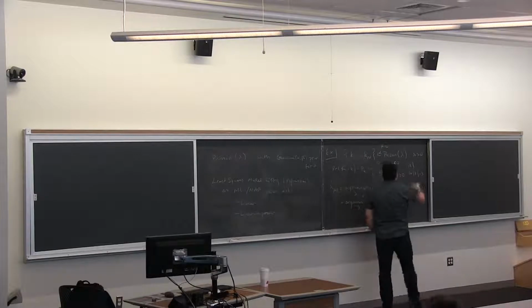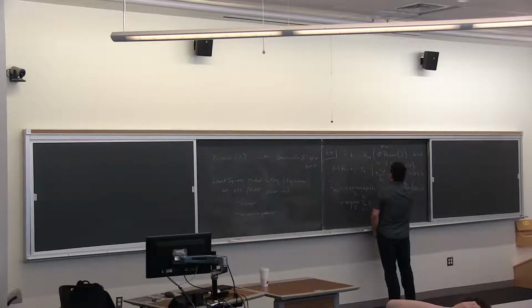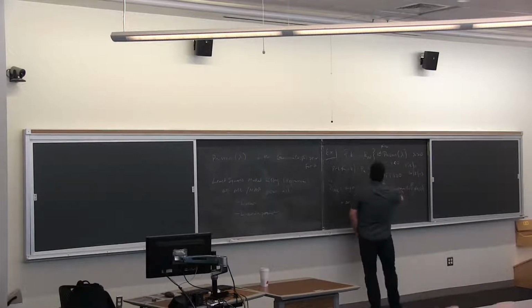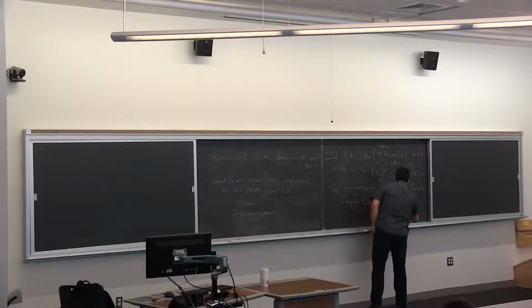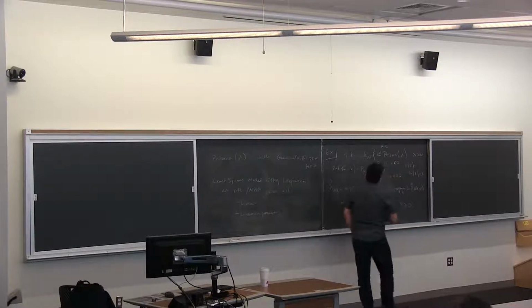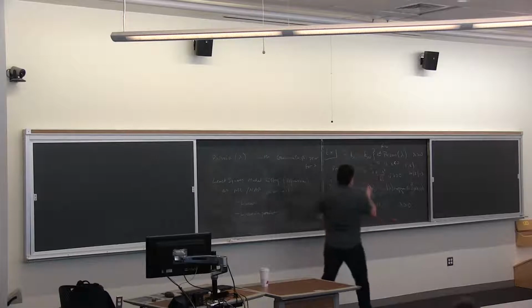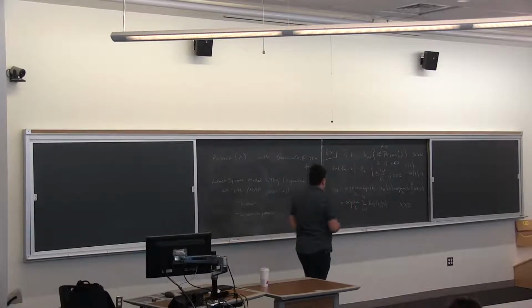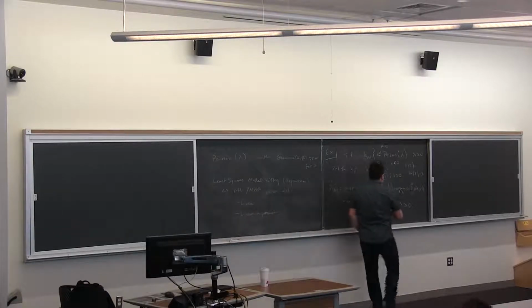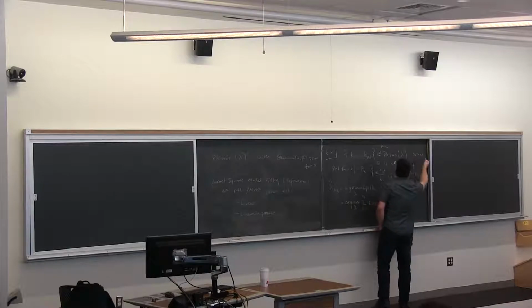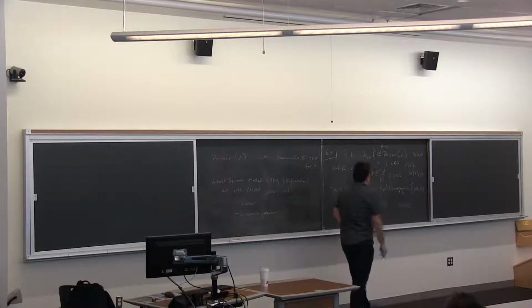So 0 is allowed, I think. If lambda is 0, you would just have 1 for 0. I think technically this is allowed, but if you set lambda equals 0, then that's not a very interesting random variable.